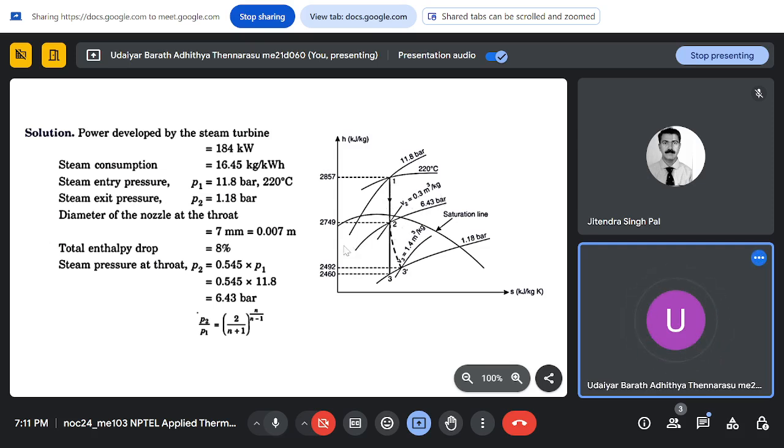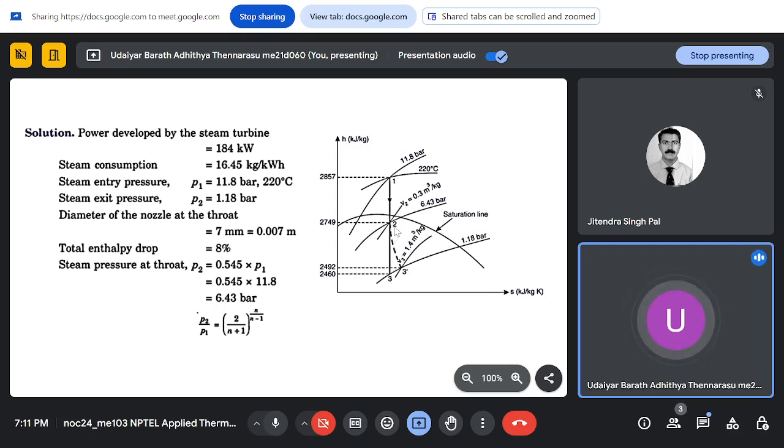There, the pressure comes out to be 6.43 bar. Just like previously, we substitute the inlet pressure of 11.8 bar, and it becomes 6.43 bar. From there it expands again in the diverging portion of the nozzle.